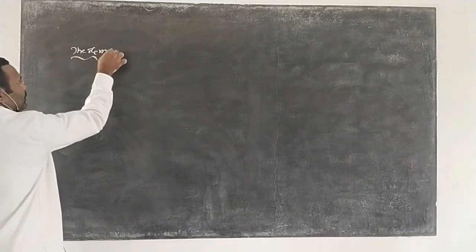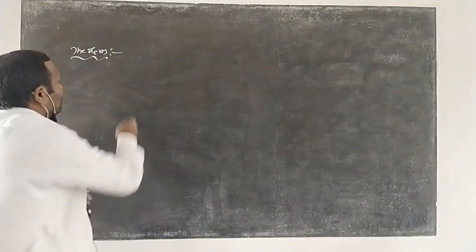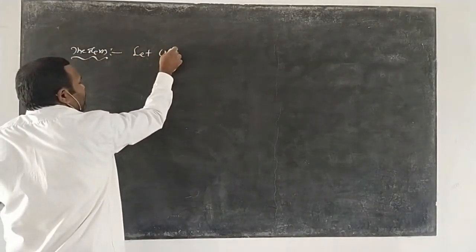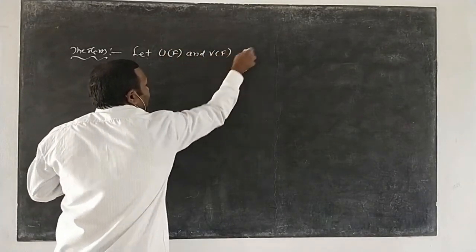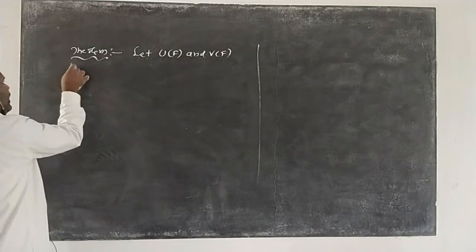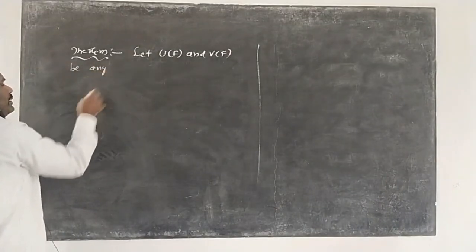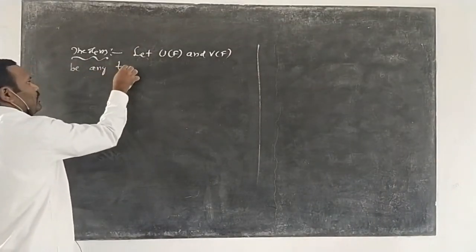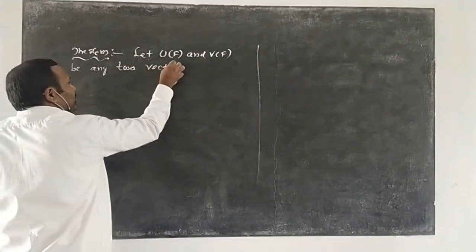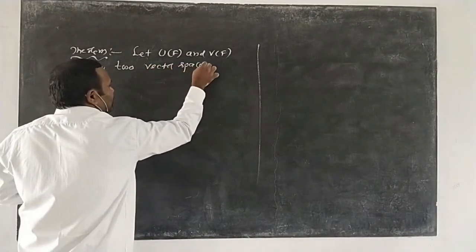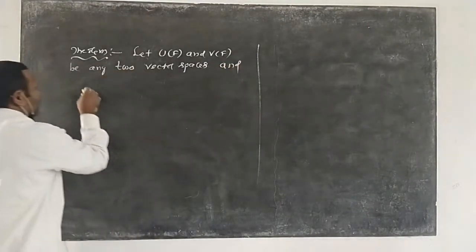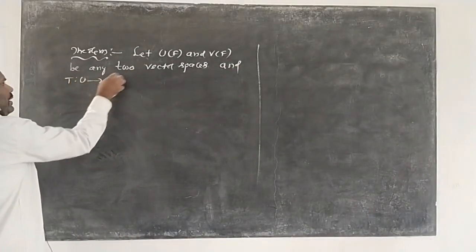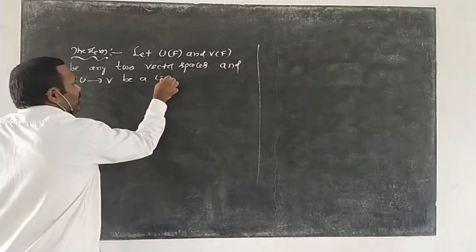Theorem: Let U(F) and V(F) be any two vector spaces and T from U to V be a linear transformation.